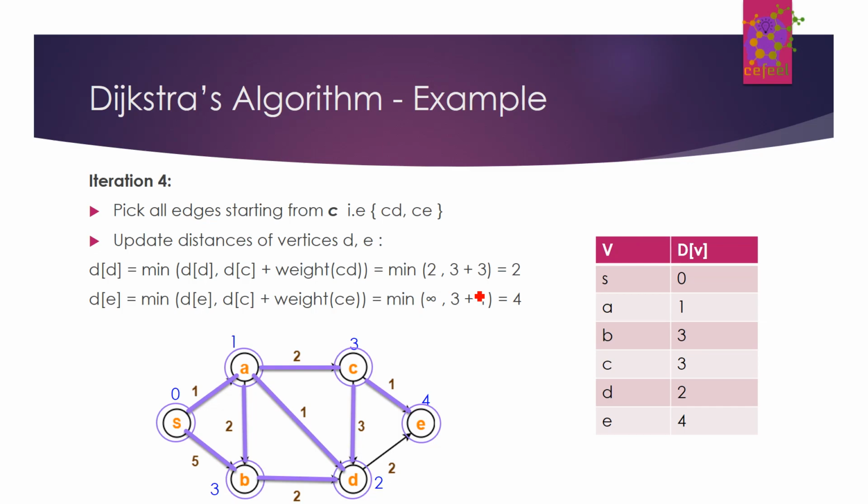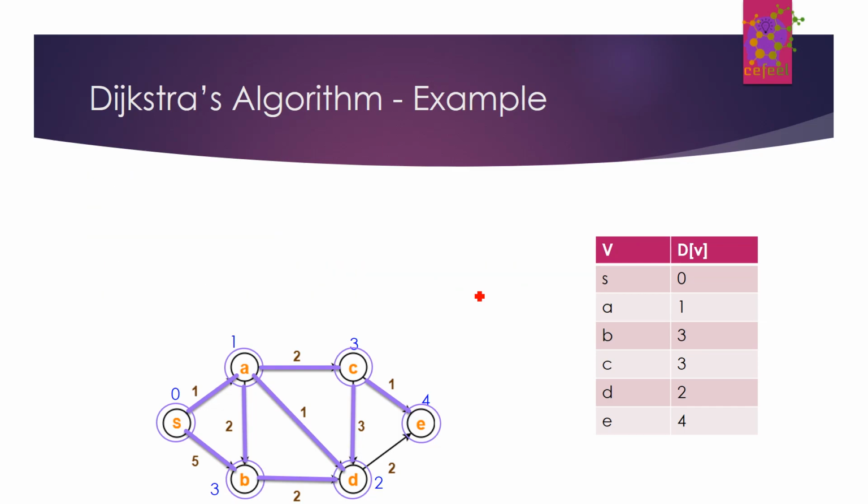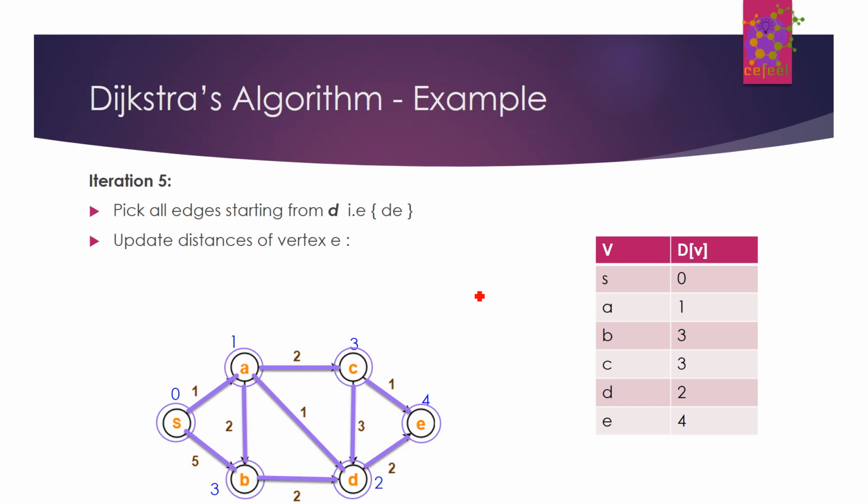Now we move to the next iteration, in which case we pick the next vertex, which is D. So what are the new edges? There is only one edge, DE, which is of weight 2, and the new vertex that we have is E. So we have to update the vertex distance of vertex E based on the new path we have deciphered.